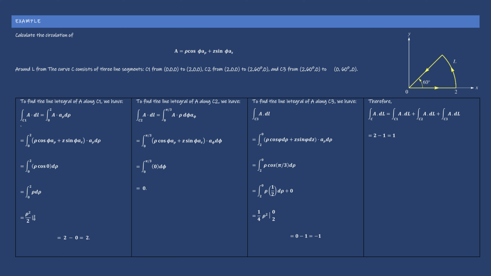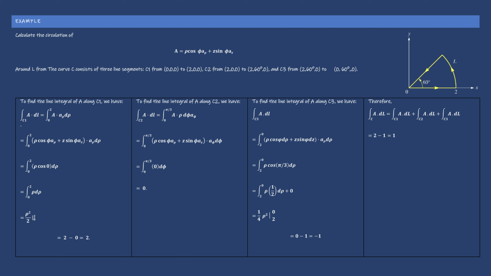C2 from that point to the point with coordinates 2, 60 degrees, 0. And C3 from that point to the point with coordinates 0, 60 degrees, 0. And we are asked to find the circulation of A around C.